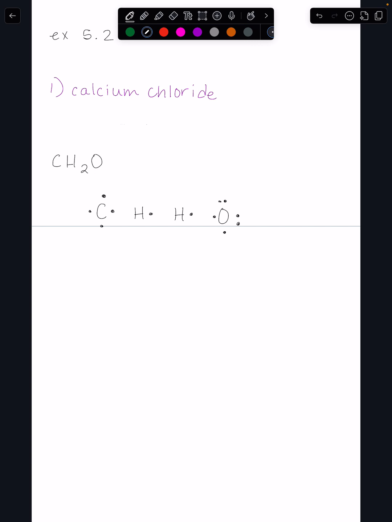The central atom is the one that has the most spots to put electrons. So the most unpaired electrons. So this one has 4 unpaired electrons. This one has 2 unpaired electrons.